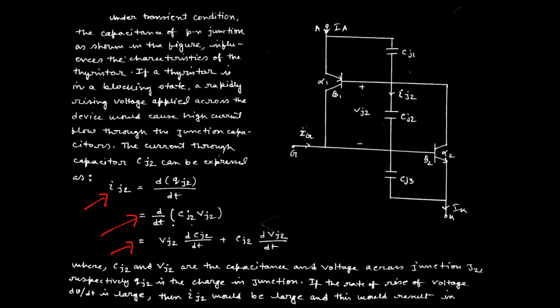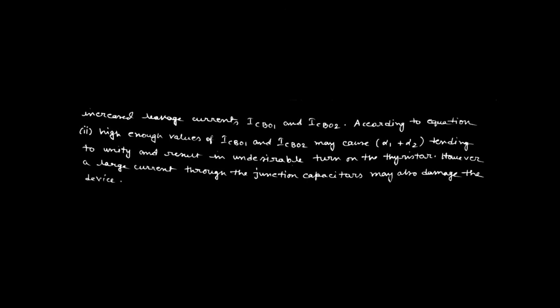If the rate of rise of voltage dV/dt is large, then the junction current Ij2 would be large, and additionally it would result in increasing leakage current. That means ICBO will increase for transistor Q1. Additionally, it will be reflected for transistor Q2, that means an increment of the leakage current ICBO2.